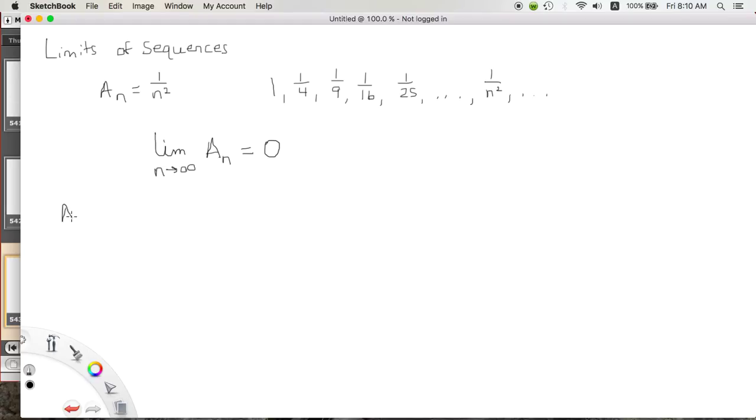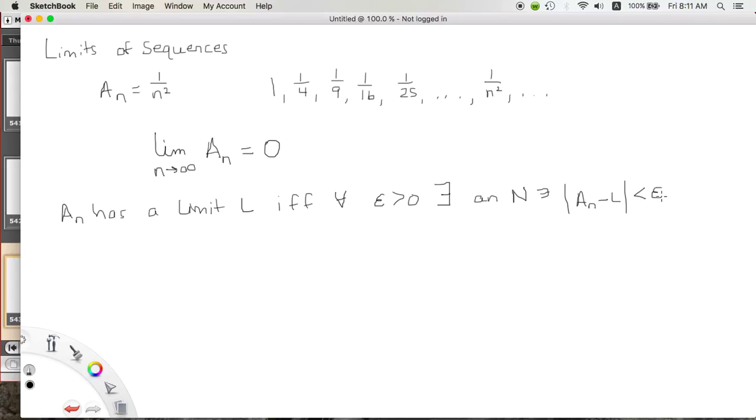So the sequence a_n has a limit L, we'll call it capital L, if and only if, that's what this IFF means, for every, that's what the upside down A means, epsilon greater than 0, there exists an N such that the absolute value of the difference between the sequence term and the limit is smaller than this epsilon whenever n is greater than capital N.